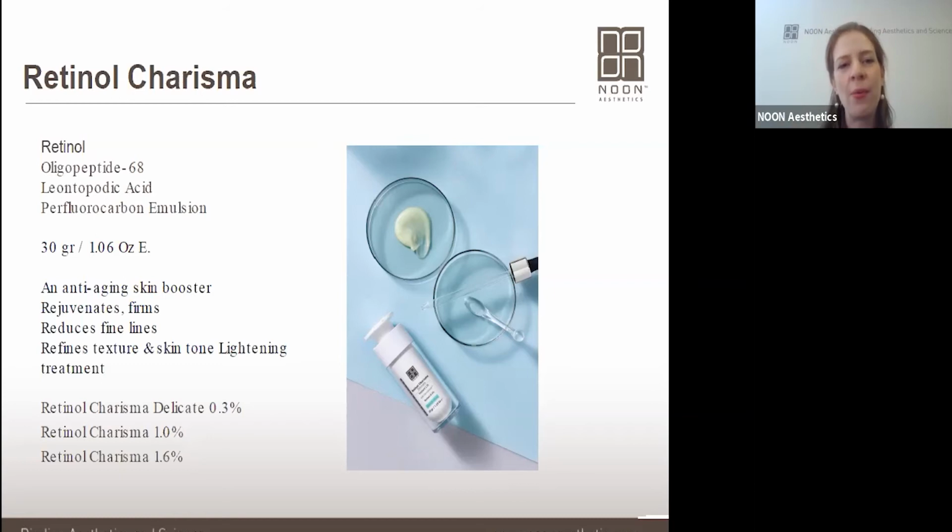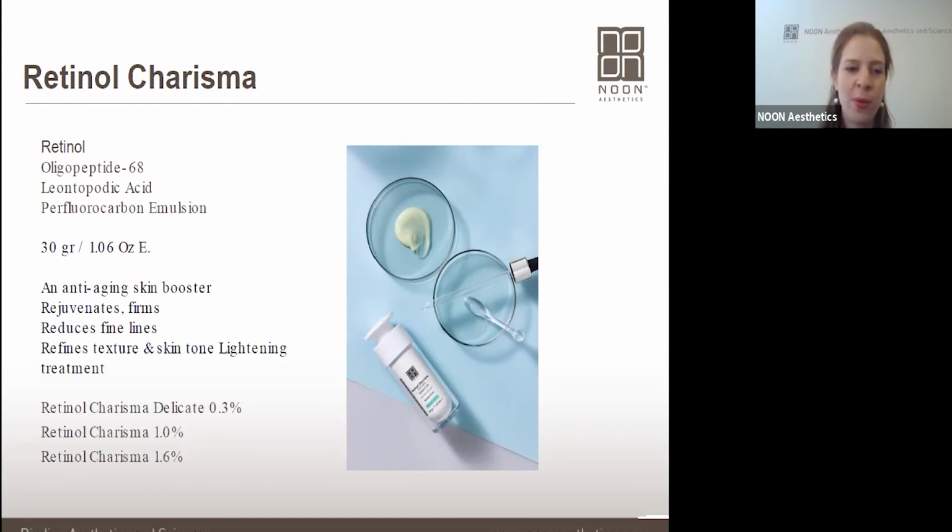So I will wait until I overcome the inflammation, and then I add the retinol. Retinol can reduce the sebum secretion, and also it rejuvenates the skin.